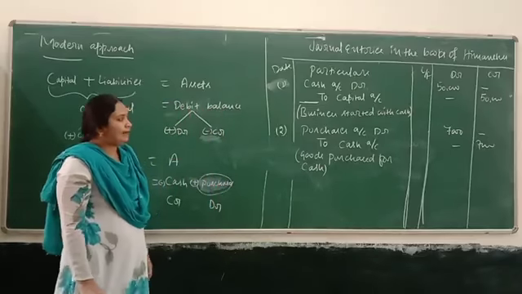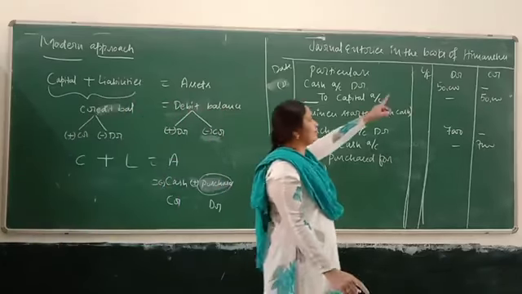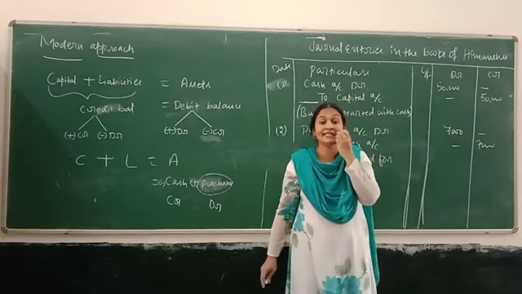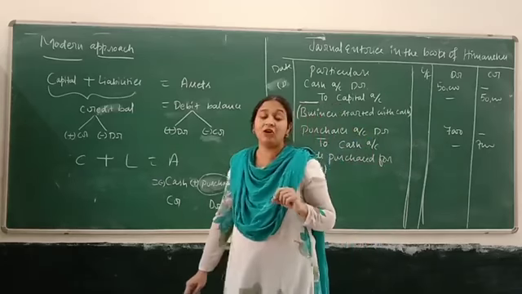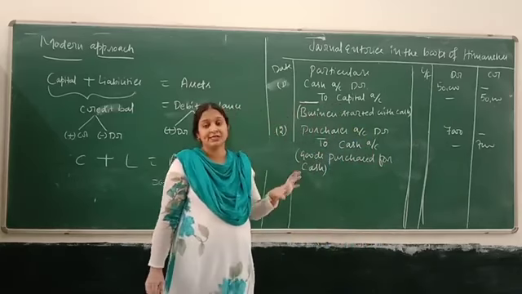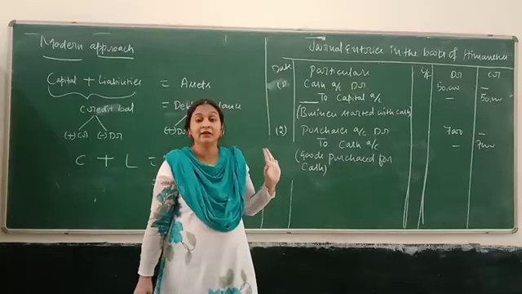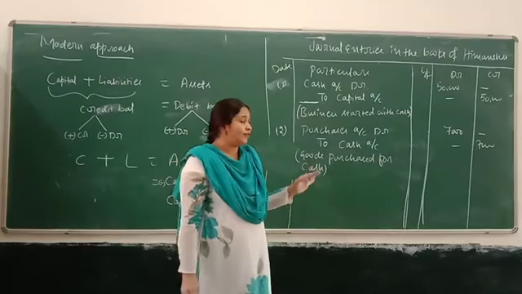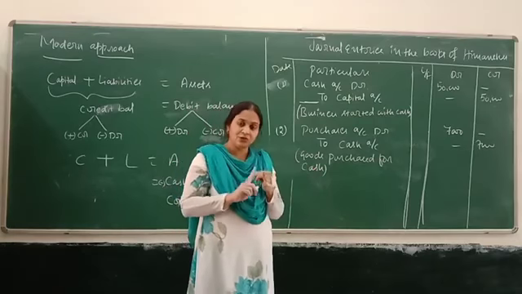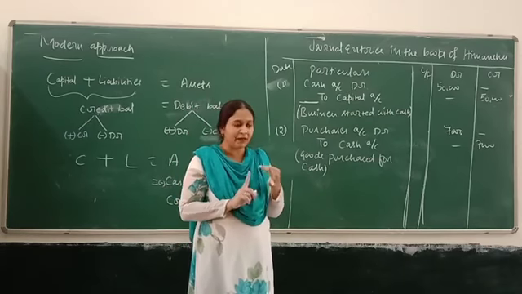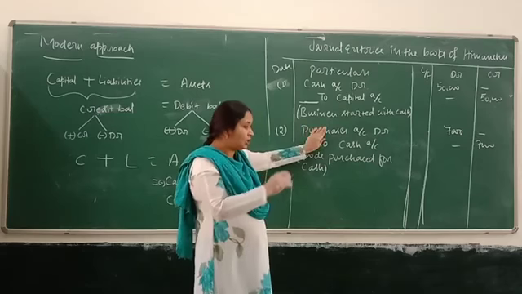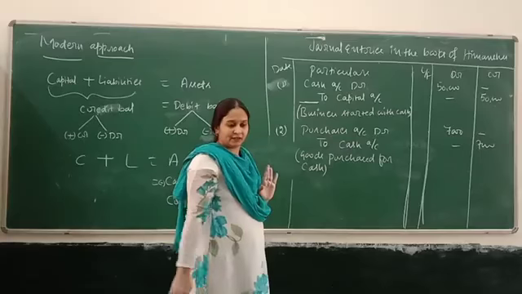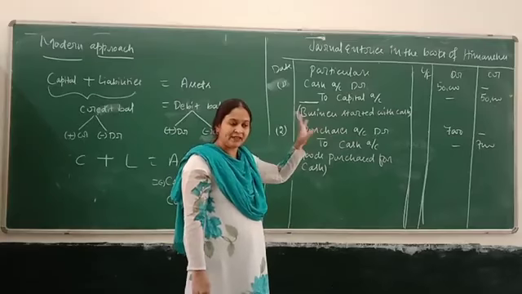This LF column is meant for recording the page number of the ledger. LF stands for ledger folio. But it is not in practice now. Why? Because first you will pass journal entries, then you will post them to the ledger. After passing the journal entries, you transfer them to the ledger, and you write that page number.